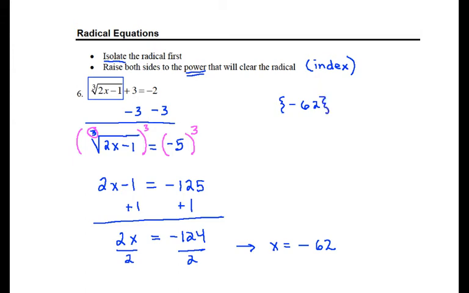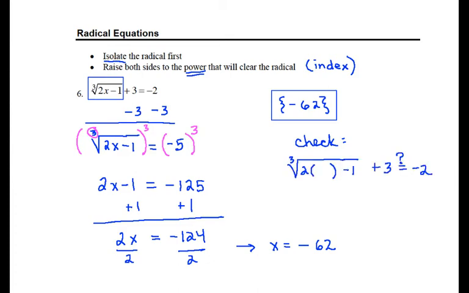And just like with any equation, we can check this by plugging it back in for x. A very important thing to keep in mind when we're doing this check is that we plug into the original equation. We never take the equation after doing any steps, like after clearing the radical, for example.